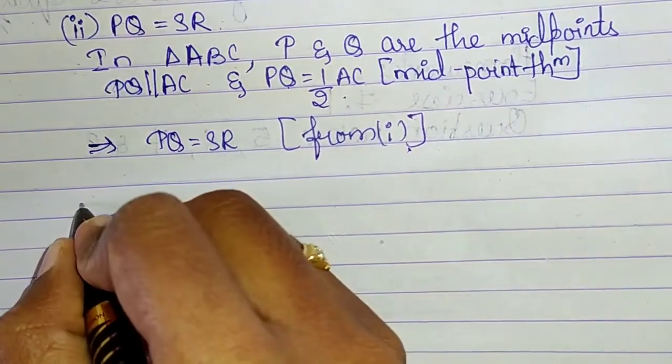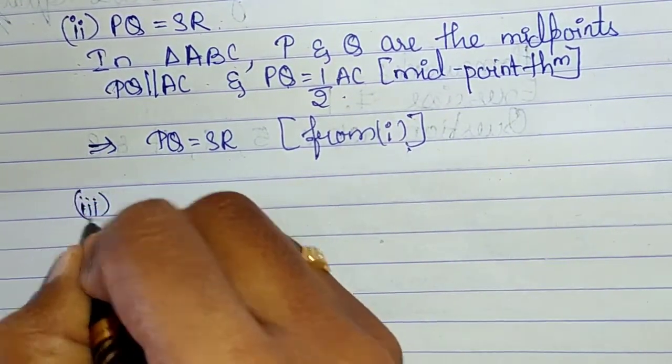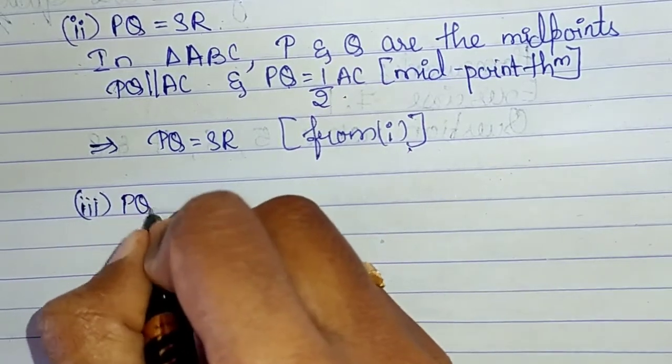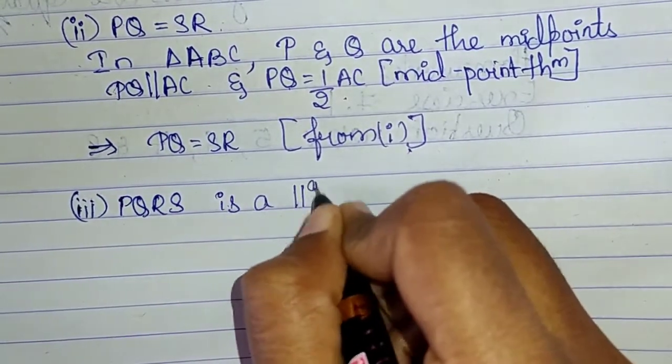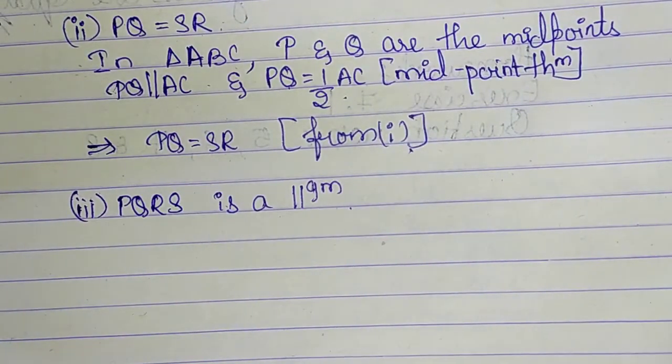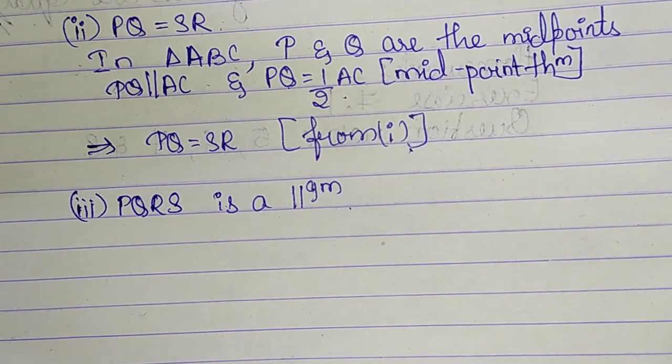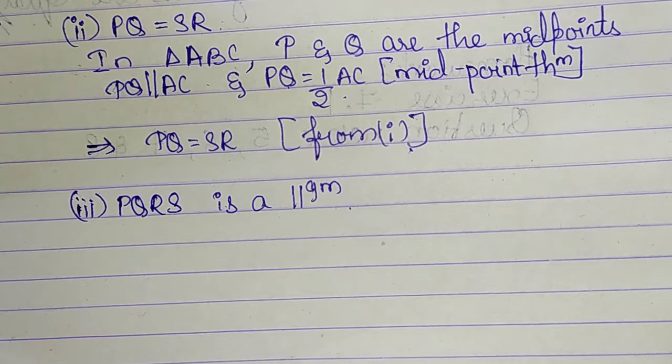And lastly we have the third one. We need to prove that PQRS is a parallelogram. To prove that PQRS is a parallelogram, we have the minimum condition theorem 8 from this chapter, which says that for any quadrilateral to be a parallelogram, at least one pair of opposite sides must be equal and parallel to one another.